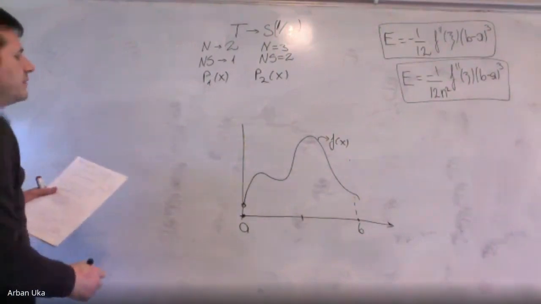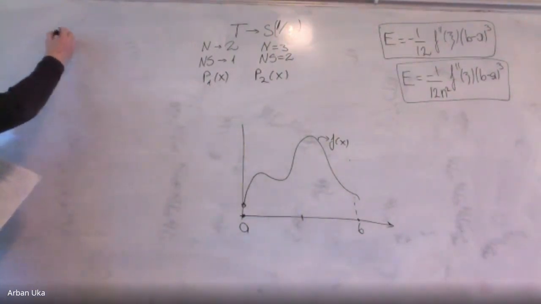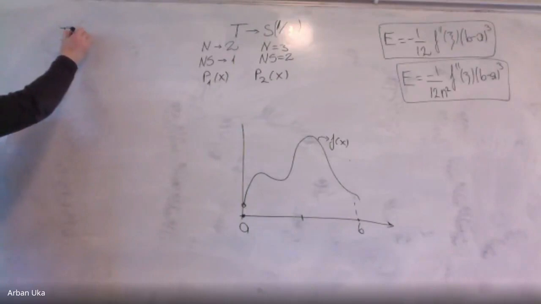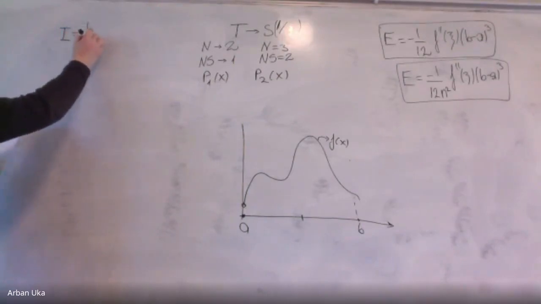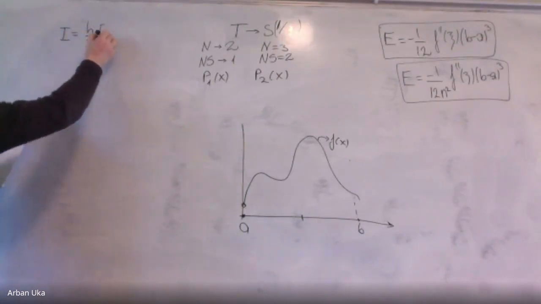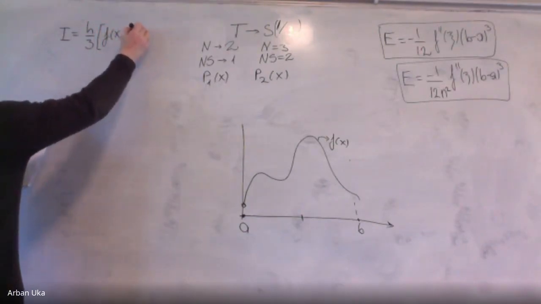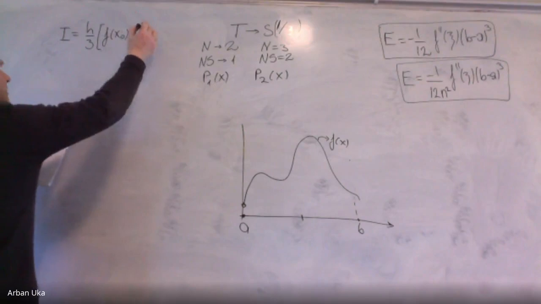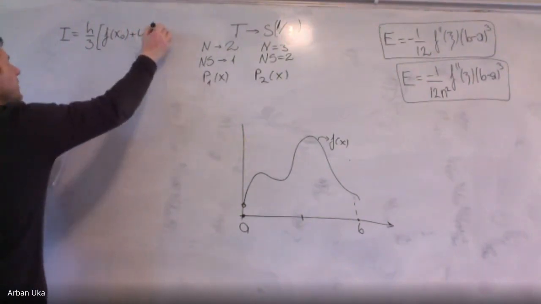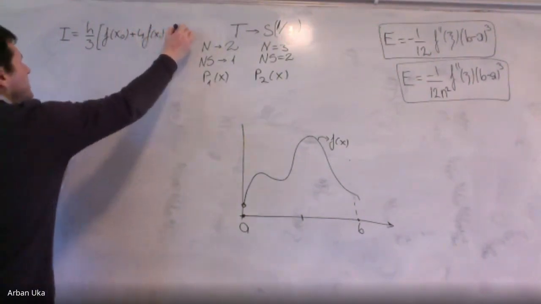So the integral will be approximated as I is equal to h over 3 times the value of the function evaluated at the x0 plus 4 times f(x1) plus f(x2).